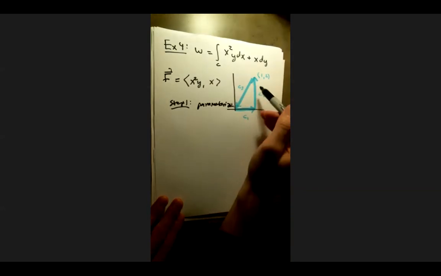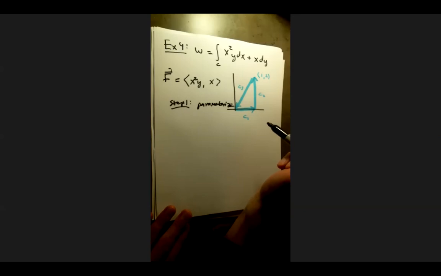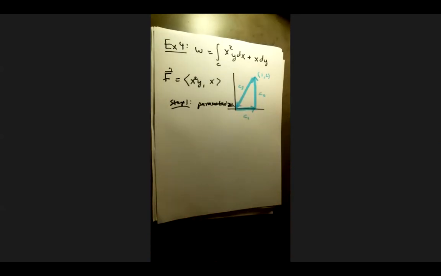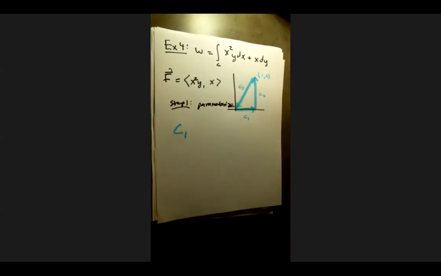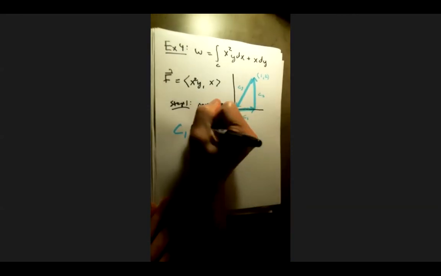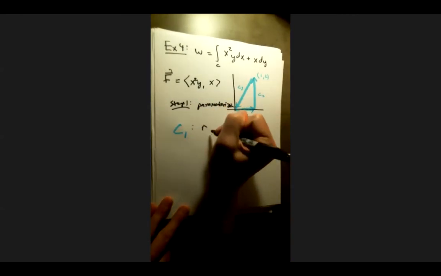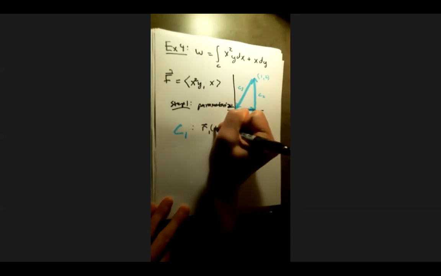we now have a triangle, and there are 3 different parts of the triangle. And so we're actually going to have to parametrize 3 different times. Let's start by parametrizing C1. Maybe I'll call this R1 of t.